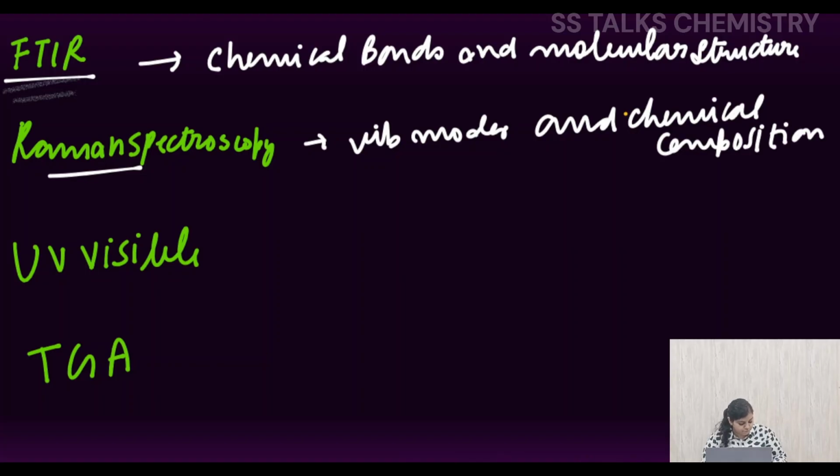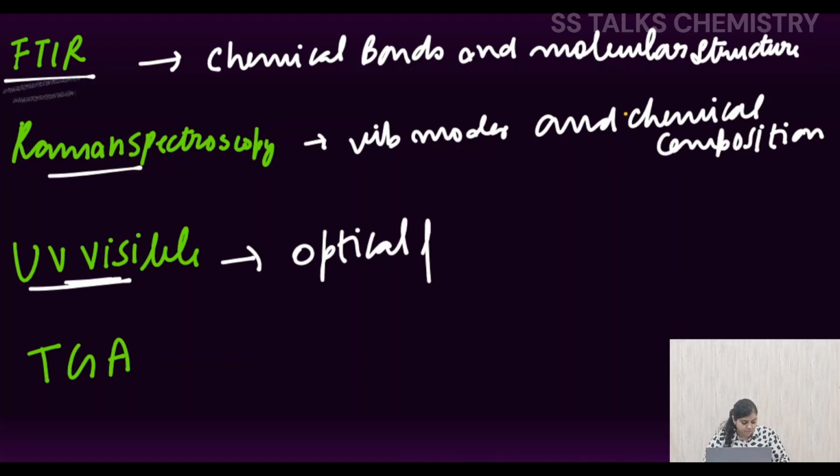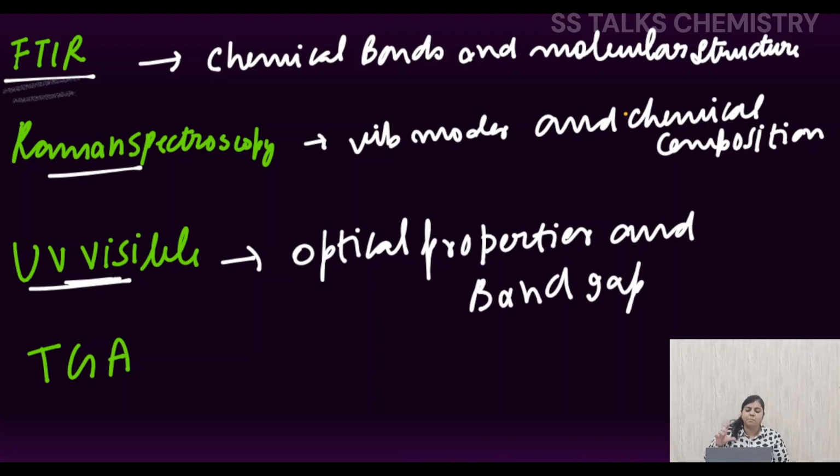Next is UV visible spectroscopy. It tells about the optical properties, that is, what the color of a particular nanomaterial is going to be. Basically, electronic transitions are studied using UV visible spectroscopy. So using UV visible, you can tell about their optical properties and also about the band gap, because corresponding to the band gap only, the light is absorbed by the molecules.